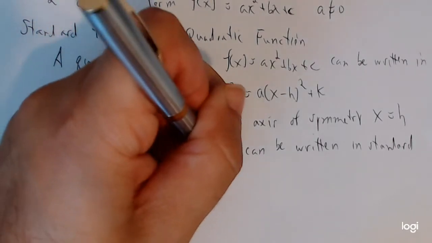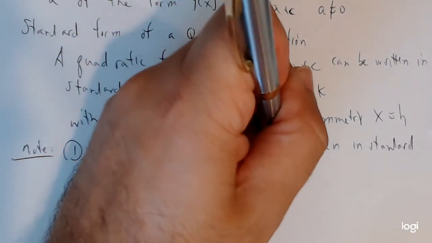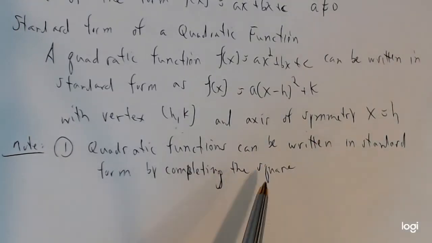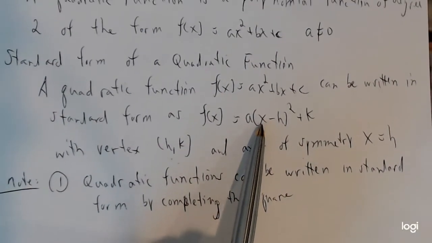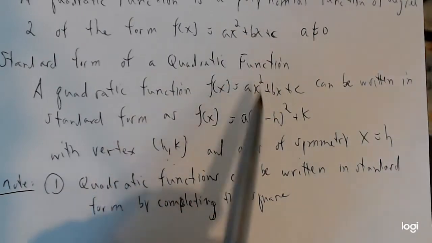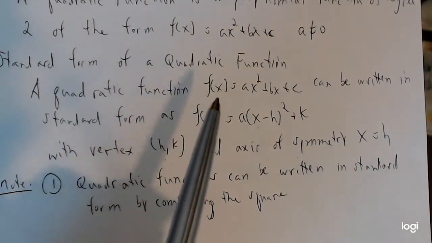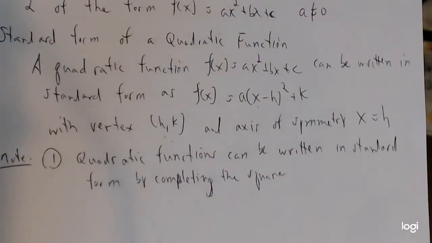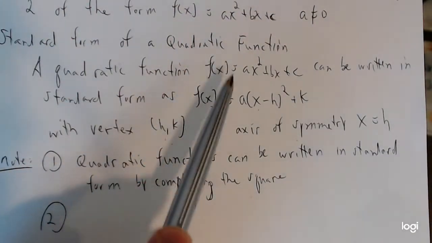Hopefully you understand why we care about completing the square. The main reason is that we have a perfect square here, so to go from this form to that one, we would need to complete the square. We will do an example in a minute where you'll see how that works.